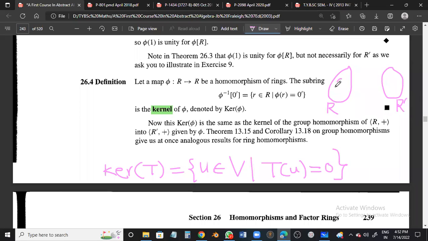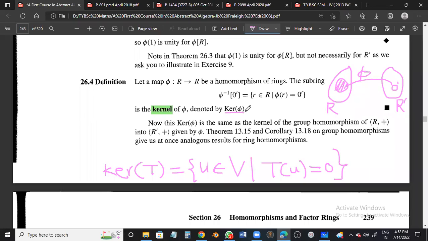I have a few elements here, the shaded portion. All of them are mapped into a zero here. And zero in R dash we denote by zero dash. So all those elements that have image zero dash under phi, they form the kernel of phi. The set is denoted by ker of phi.